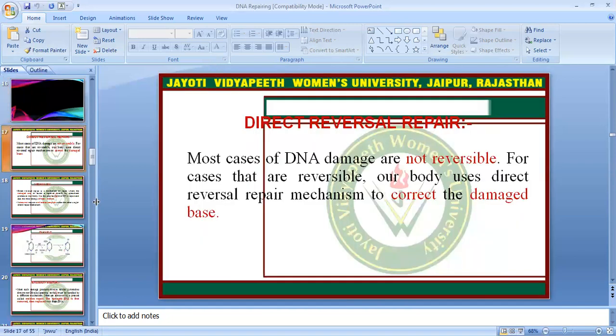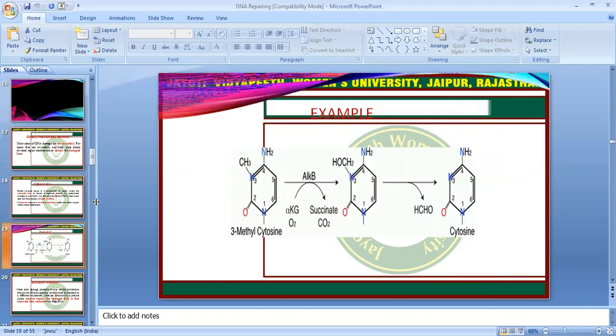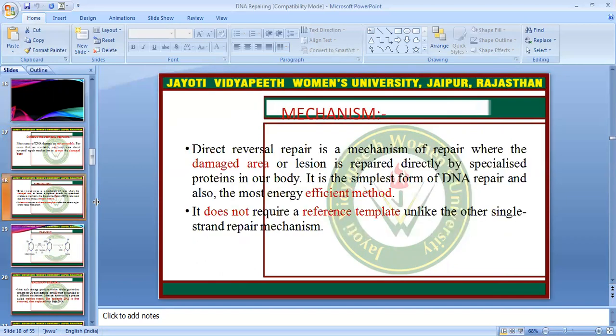Direct reversal repair. Most cases of DNA damage are not reversible. For cases that are reversible, our body uses the direct reversal repair mechanism to correct the damaged base. What is the mechanism of direct reversal repair?